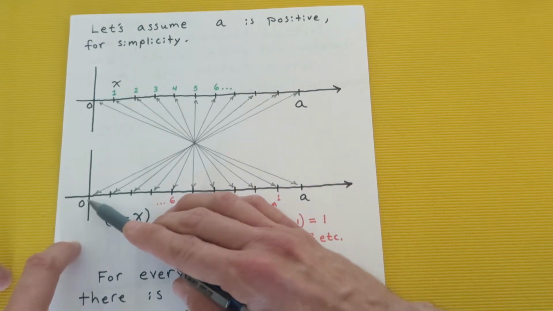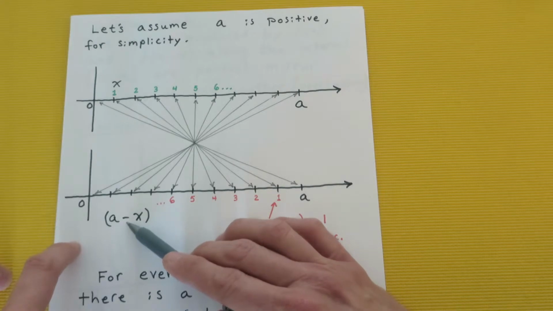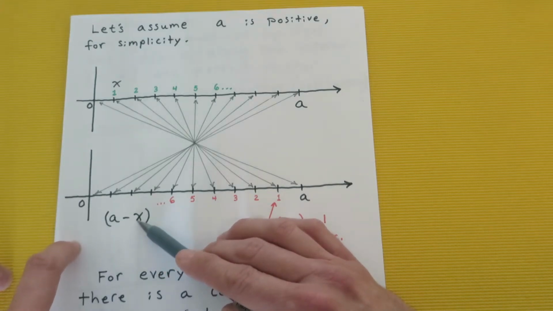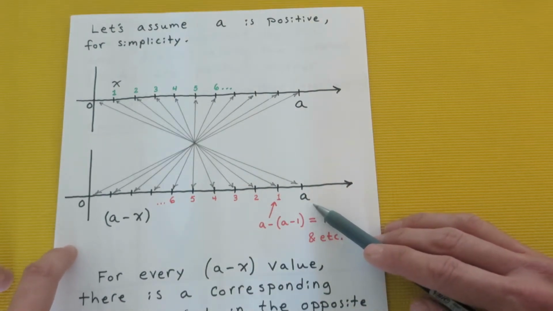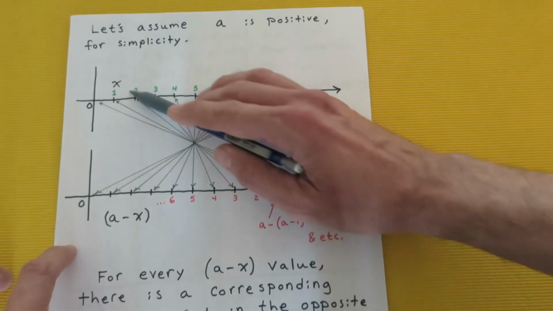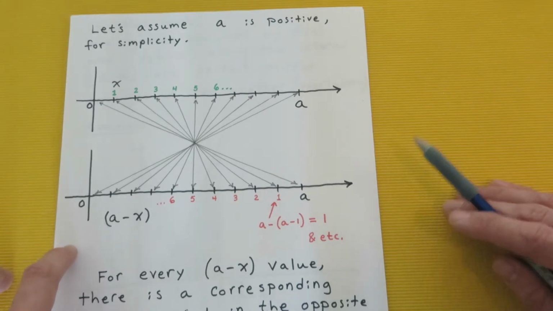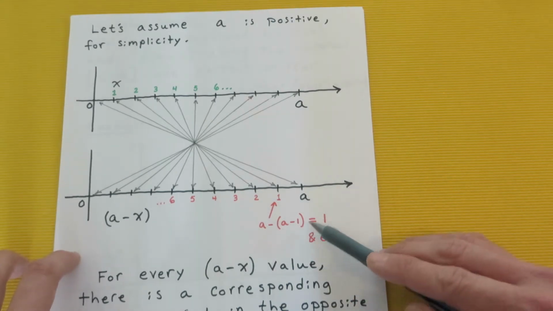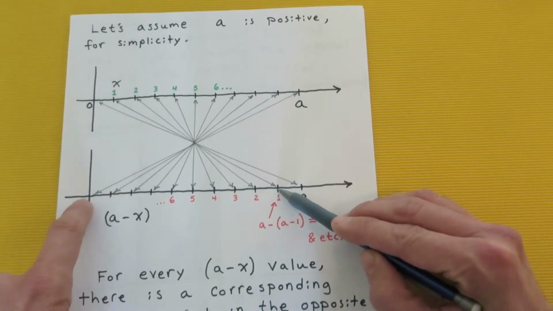And here we have another number line juxtaposed from 0 to a, and this represents all of our a minus x inputs. And I want you to notice that for every a minus x value here, you're going to see that there's a corresponding x value moving in the opposite direction.